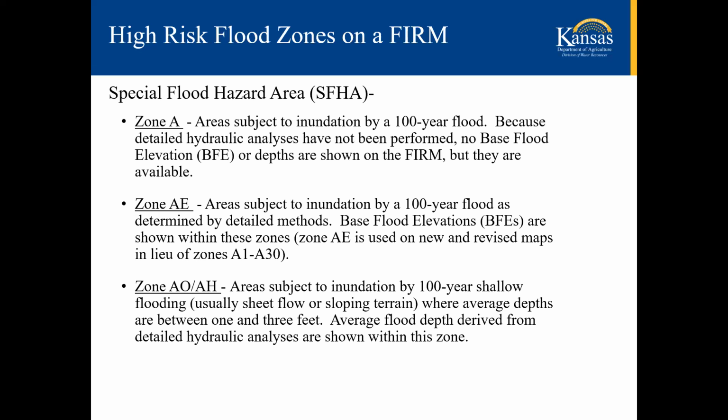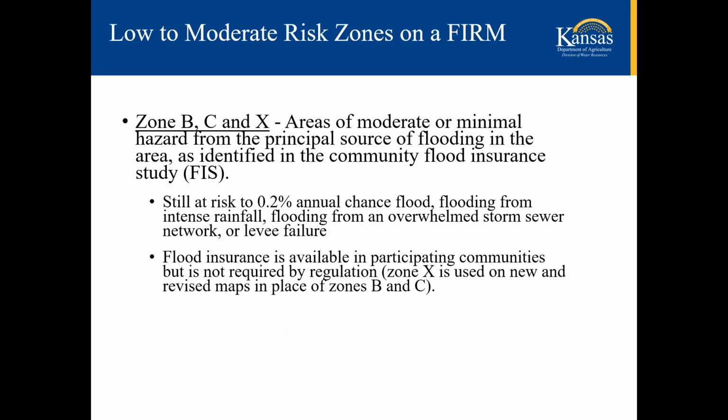So these zones have depths instead of a base flood elevation, but these are zones that are getting phased out with new mapping because they're kind of hard to regulate and they have a little bit of a loophole as far as required freeboard and that kind of thing. They're just a little bit outdated, and so these don't appear on our newer maps.